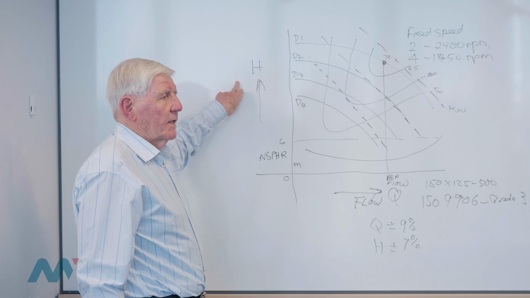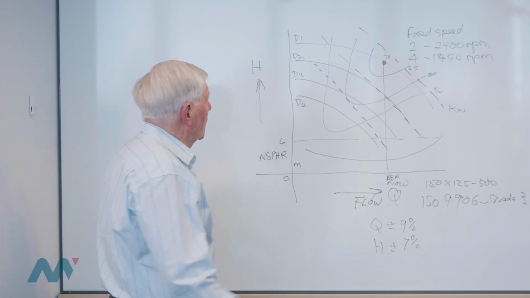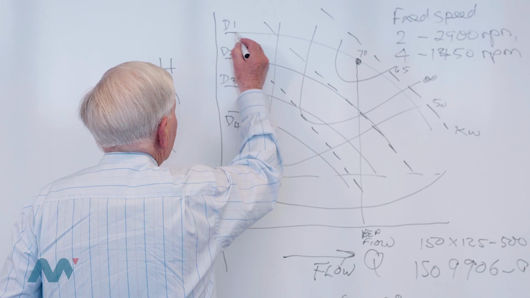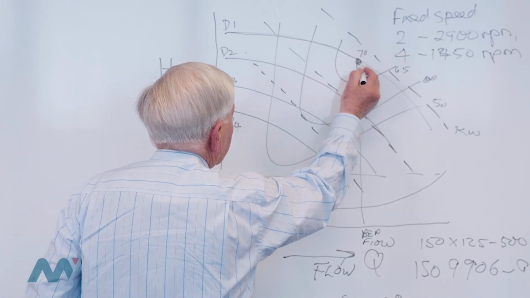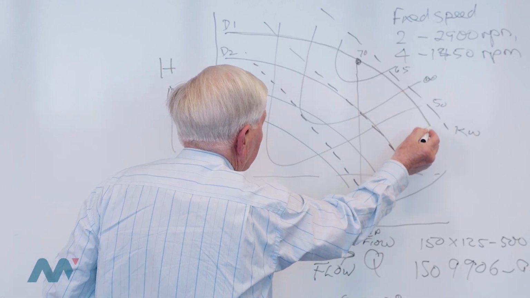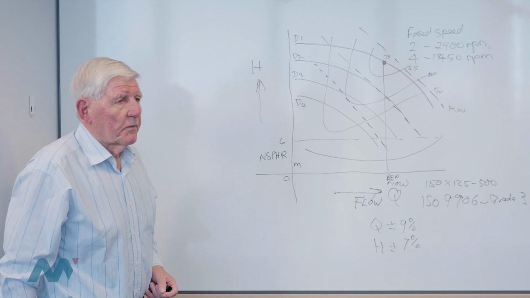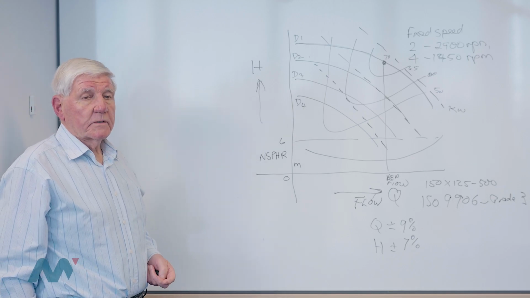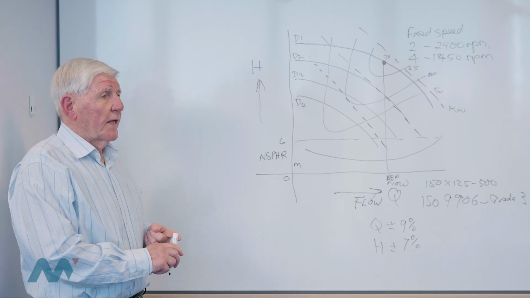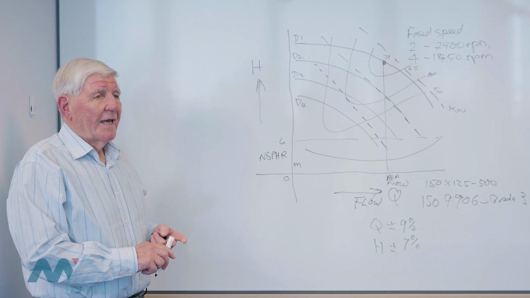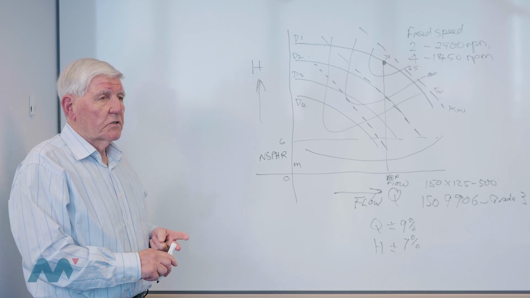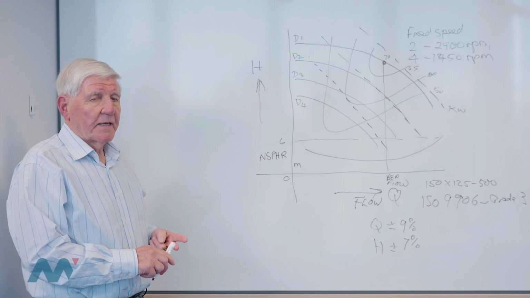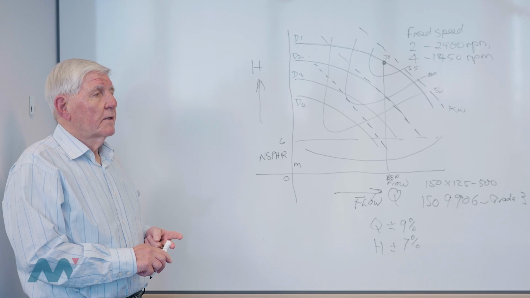Okay? There is another thing that we should understand, that when we look at this vertical line, that's the head line, what we're actually drawing here is energy provided to the pump. And that energy provided to the pump is in two forms. It's in potential energy as pressure, and it's in velocity energy as kinetic energy. Okay?